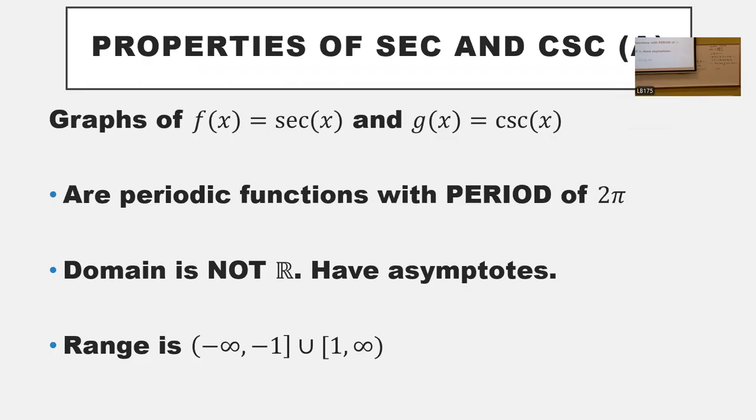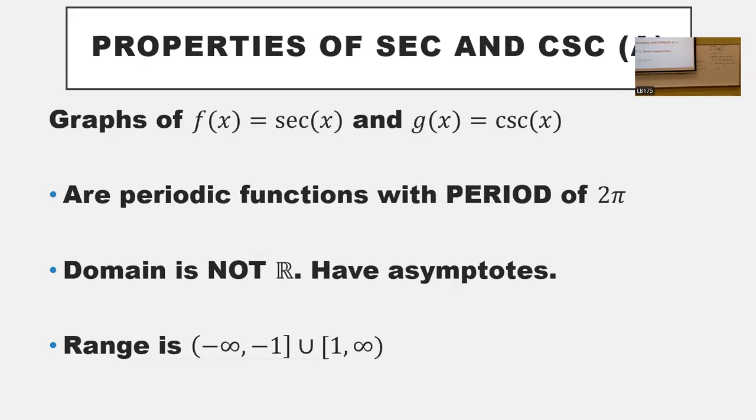Now, because we have parts of the U that are pointing up and parts of the U that are pointing down, we have to go through both U's to have a period. So we end up with a period of 2 pi on both the secant and the cosecant. So secant, cosecant, sine, cosine all have periods of 2 pi, where tangent and cotangent have periods of pi.